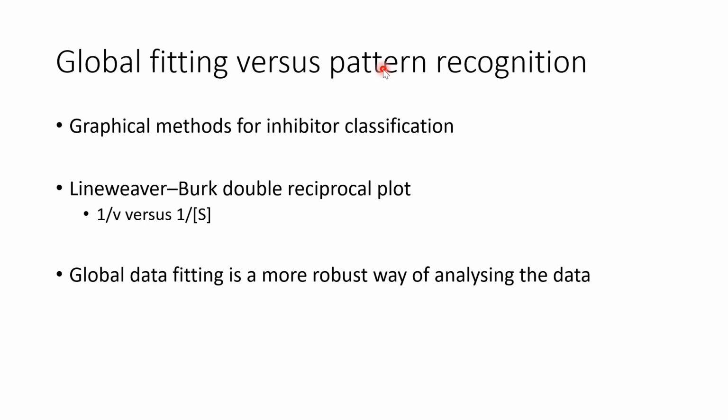Probably the most prominent being the Lineweaver-Burk double reciprocal plot, where you're plotting the reciprocal of the rate, or 1 over V, versus the reciprocal of the substrate concentration. And this produces a linearization of the Michaelis-Menten equation, and allows you to determine your Vmax and your Km values based on their intercept on the x and the y axes.